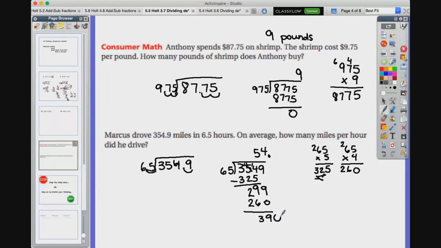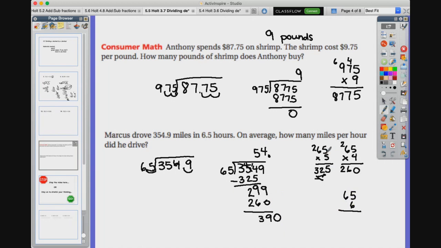So with my decimal comes a 0. 65 goes into 390. How many times? So I'm going to think to myself, I know that 65 goes into 325 5 times. So I'm going to say maybe 6 times. So 65 times 6.